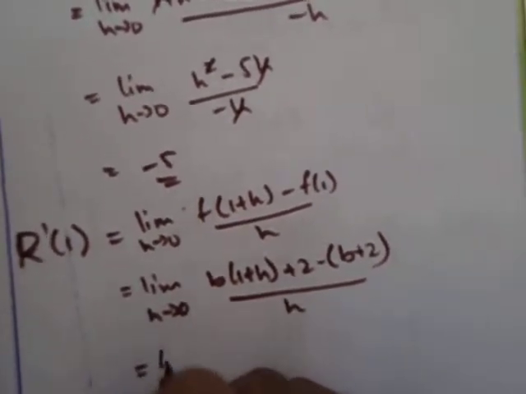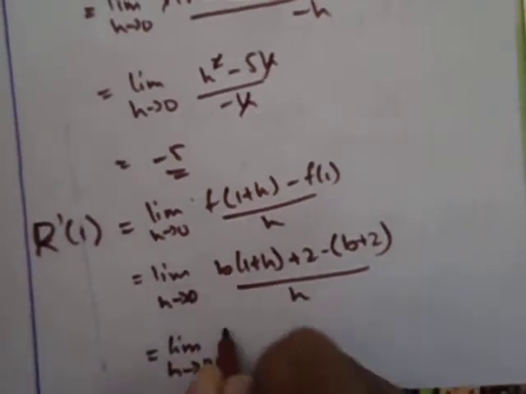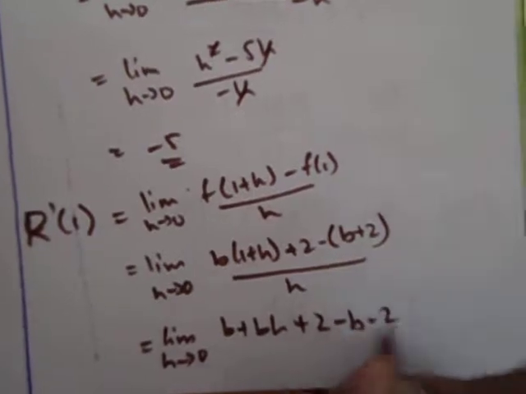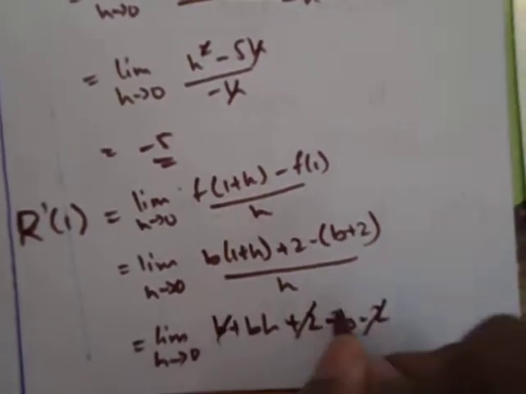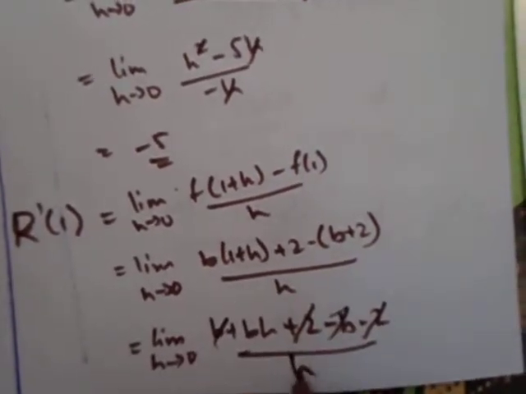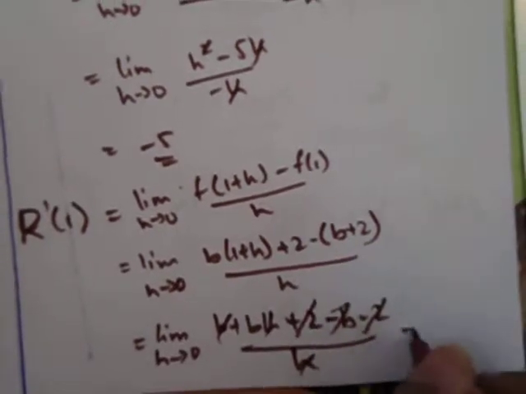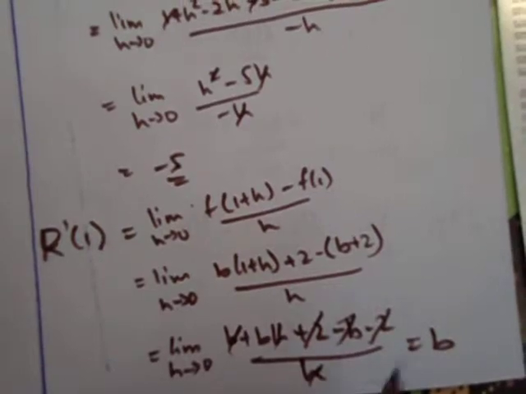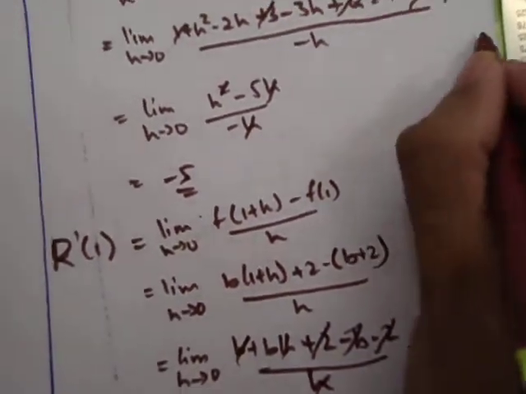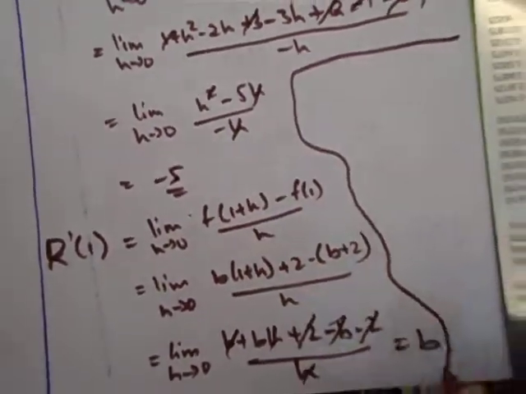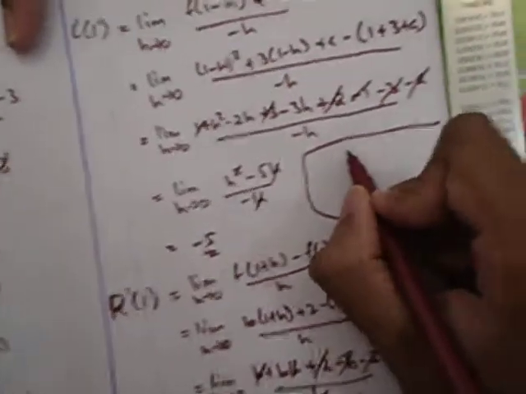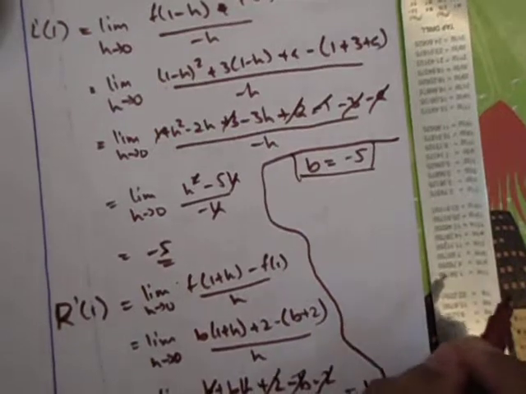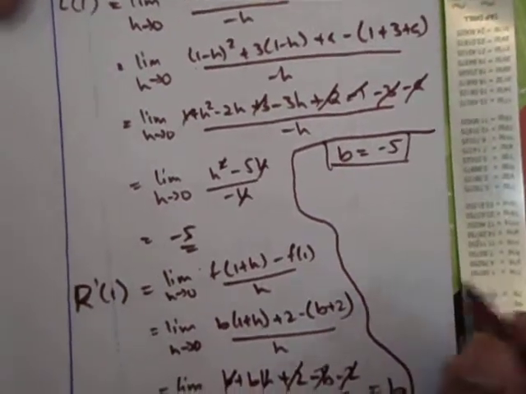So when we expand this, we get limit h tends to 0 b plus bh plus 2 minus b minus 2. So 2 gets cancelled, b gets cancelled, h by h also gets cancelled, so this is equal to b. So we get b is equal to minus 5, because the right derivative should be equal to the left derivative.